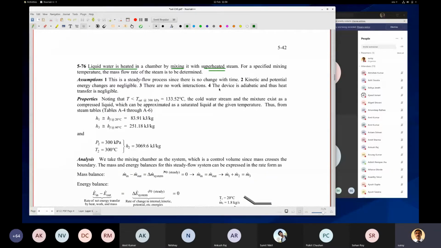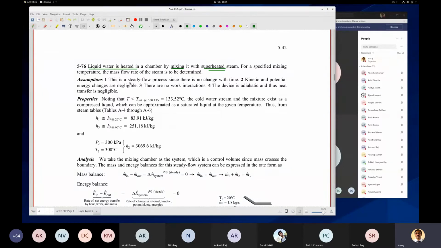When we take a shower, of course we don't use steam, but we mix cold water with hot water at very high temperature, so that we get whatever temperature we want by controlling the mixing of the hot and cold water. Here also it is the same thing: liquid cold water and superheated steam are being mixed to get the requisite temperature.